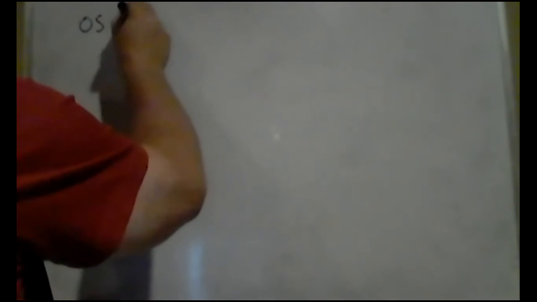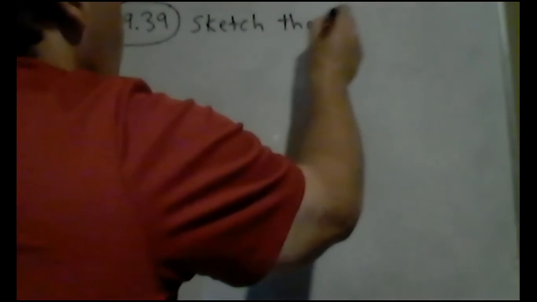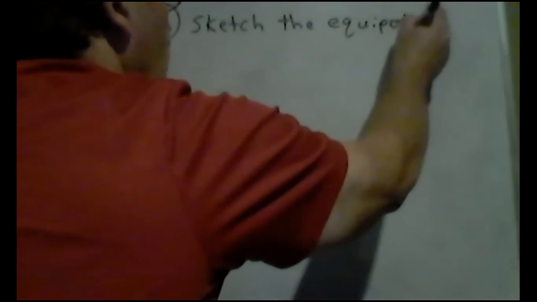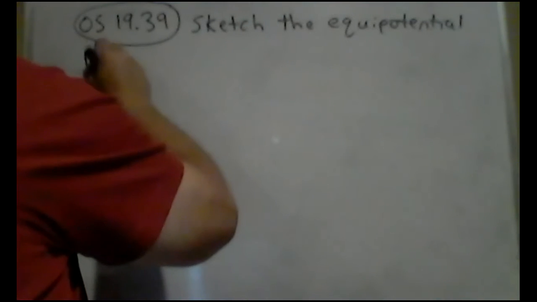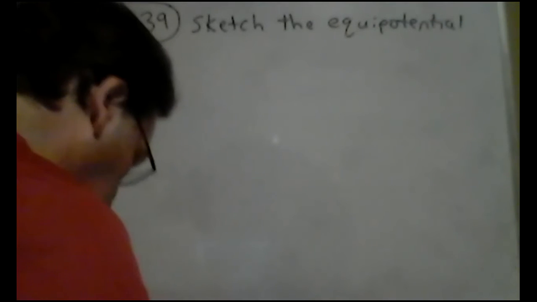OpenStax 19.39 says: sketch the equipotential lines a long distance from the charge shown.